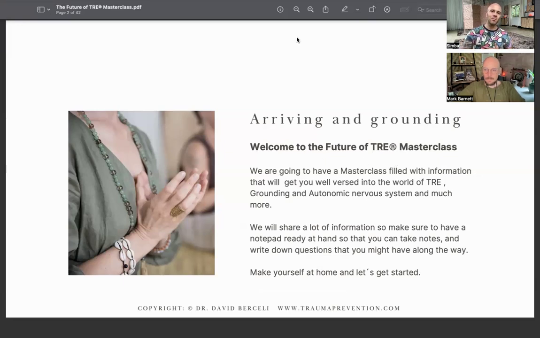So I'm just going to stop sharing the screen and we're going to start with a grounding exercise. And you're going to realize why. Because the level we come in from in our nervous system determines what you remember, what is important for you, and even what you can perceive, what you can receive from this masterclass. So just make sure you're feeling comfortable.